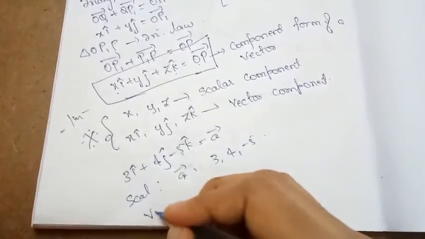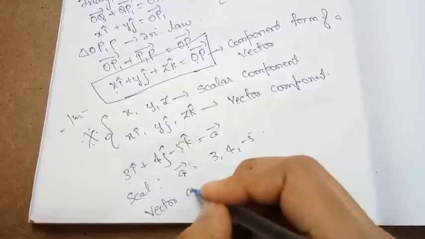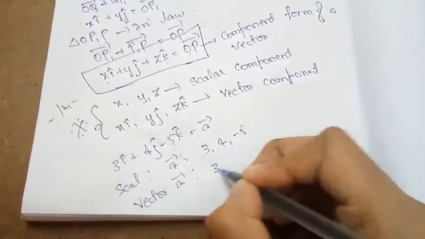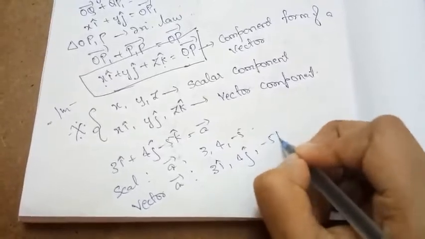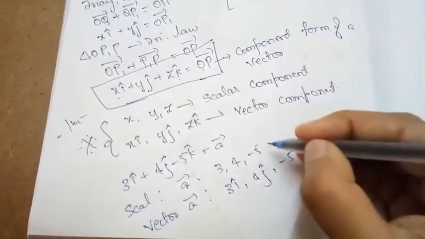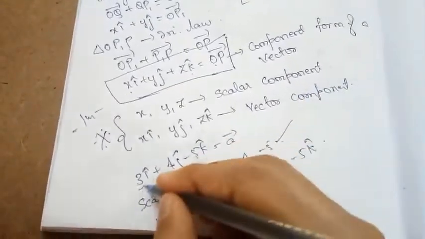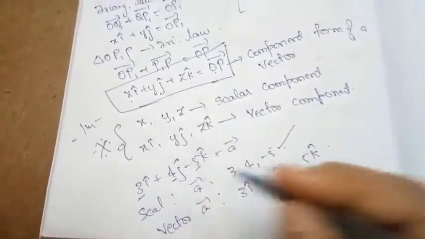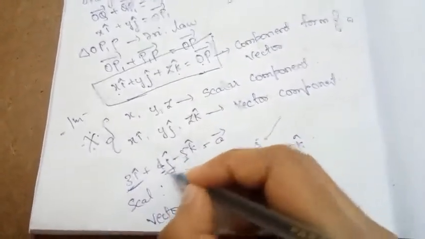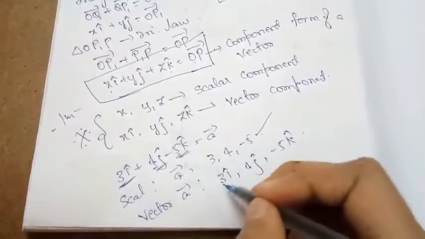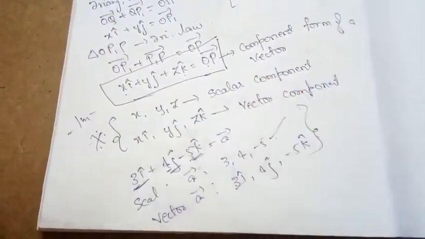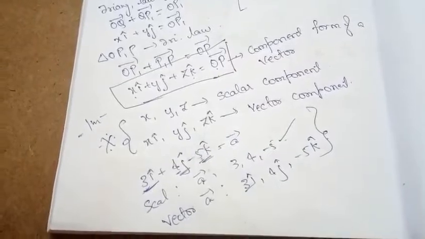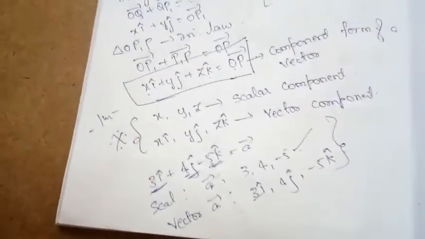If they ask you the vector components, at that time you should write 3i cap, 4j cap, minus 5k cap. Only 3, 4, minus 5 is a scalar component; along with i cap, j cap, k cap, they are called vector components. This is the important thing to keep in your mind.